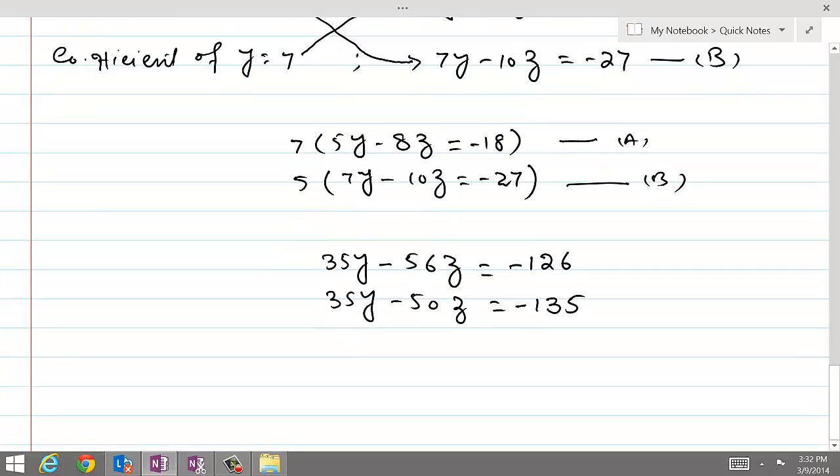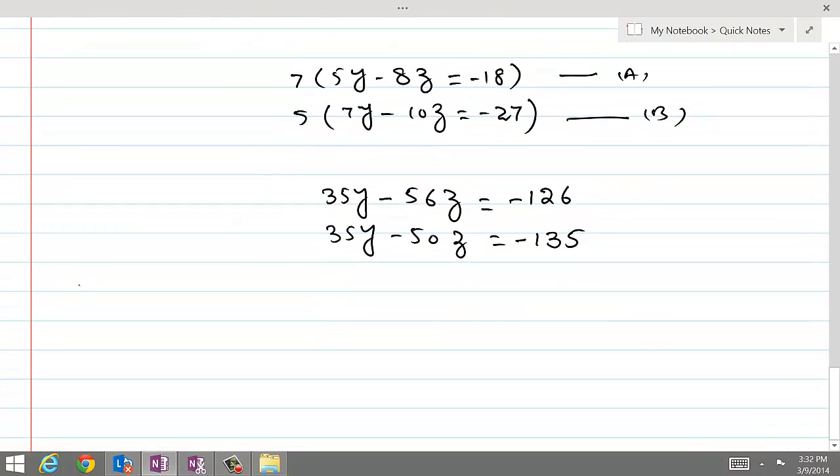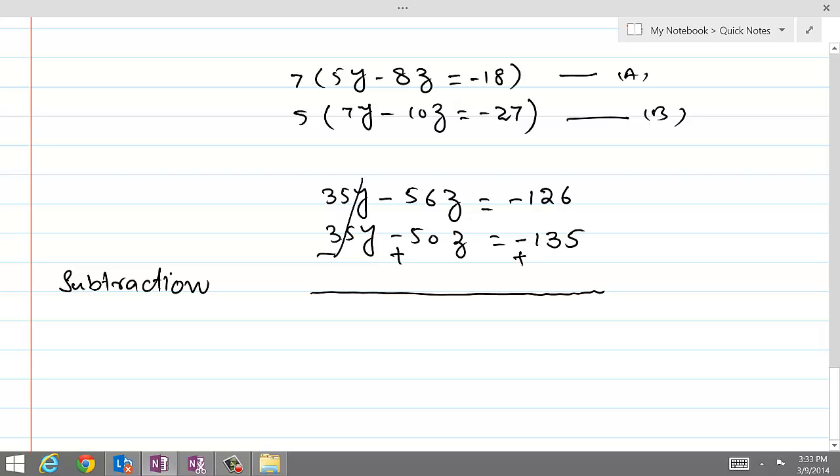So now when we subtract, we use the standard procedure, subtraction for elimination. And what we do here, we change the signs of the second, minus, plus, and this will become plus. So y gets eliminated, giving us minus 6z is equal to minus 126 plus 135, which will become 9.